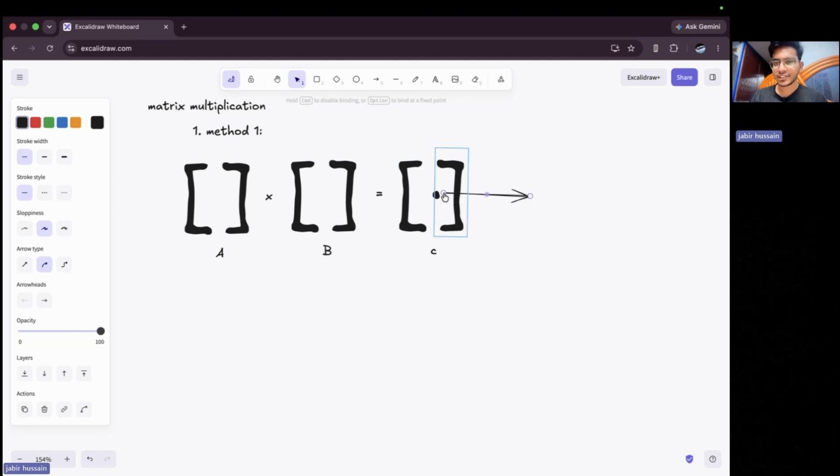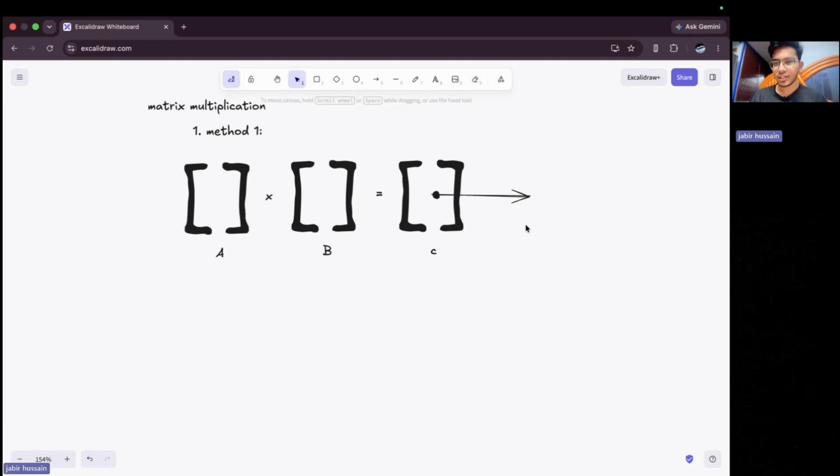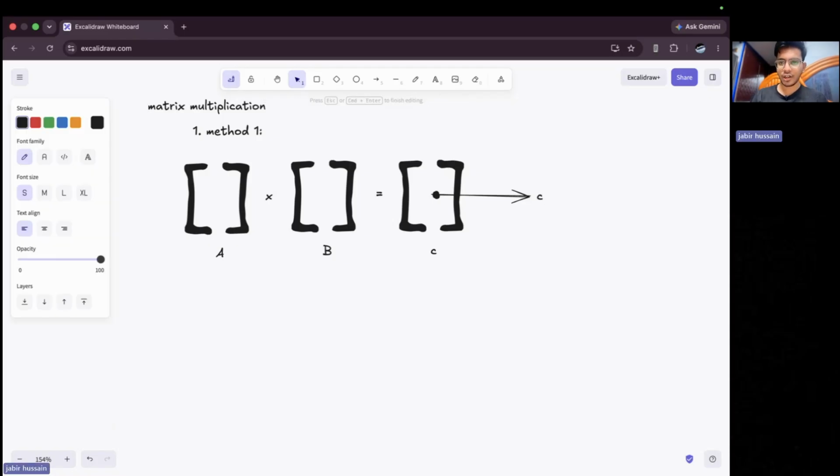Let's say this element is C of ij. Let's assume that this element is at position C of i comma j.